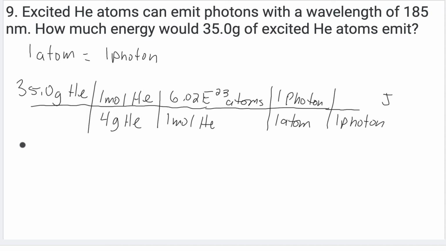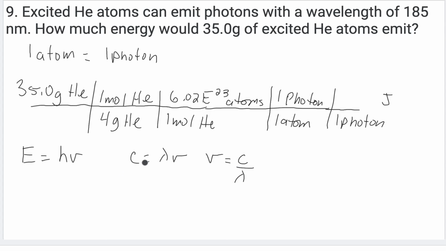Well, you can calculate the energy of a photon as Planck's constant times the frequency. But we don't have the frequency. So we can go back to speed of light equals wavelength times frequency, and get that the frequency is equal to the speed of light divided by the wavelength.